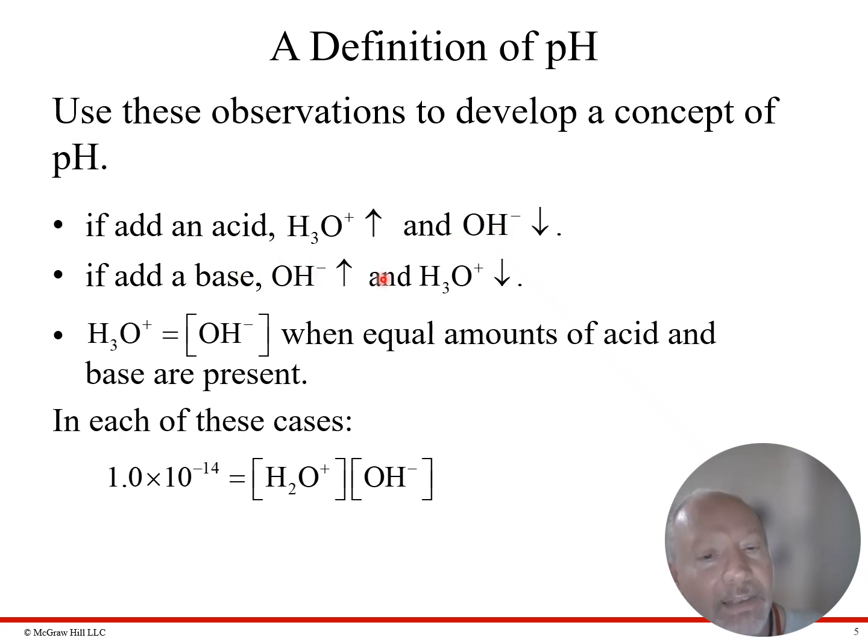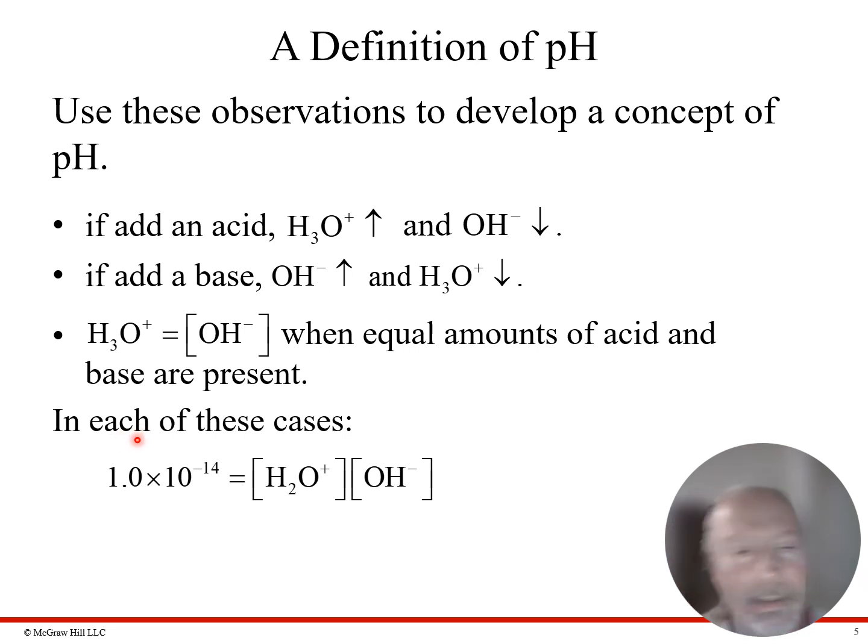If we add base, the hydronium cation concentration will drop. And at some point, the hydronium cation and the hydroxide concentration can be equal when equal amounts of acid and base are present.